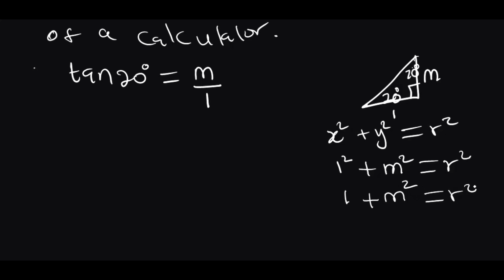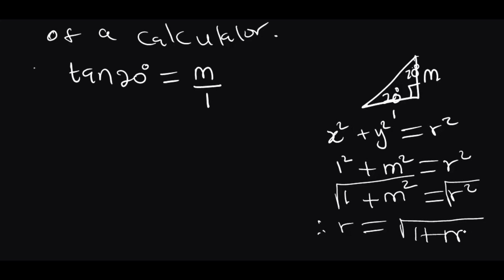We want to remove the squared, so we need to apply the square root on both sides. Therefore, r is equal to the square root of 1 plus m squared.